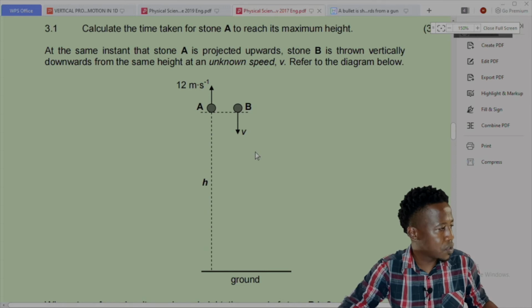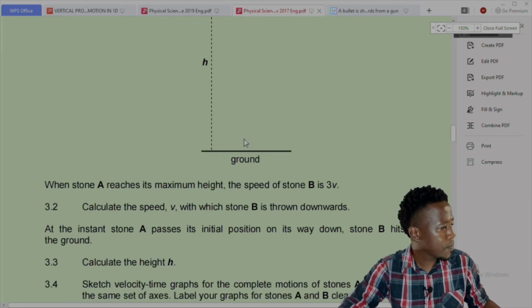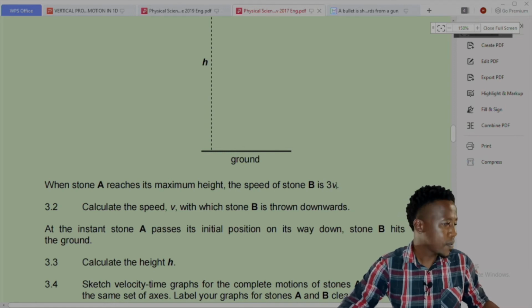This is the unknown speed of stone B. Now it continues to say, when stone A reaches its maximum height, stone B is at 3v, which is the speed.